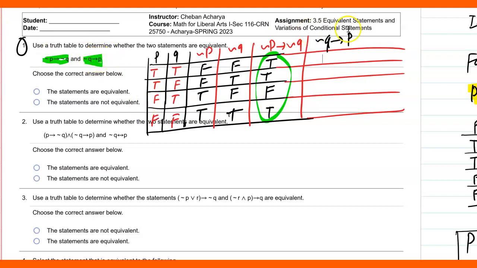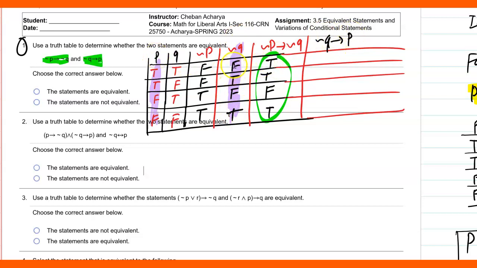To find this truth value, you look for the not Q column, let me highlight it, and the P column, and you do the arrow. But notice that not Q is the if part, before the arrow, and P is after the arrow.